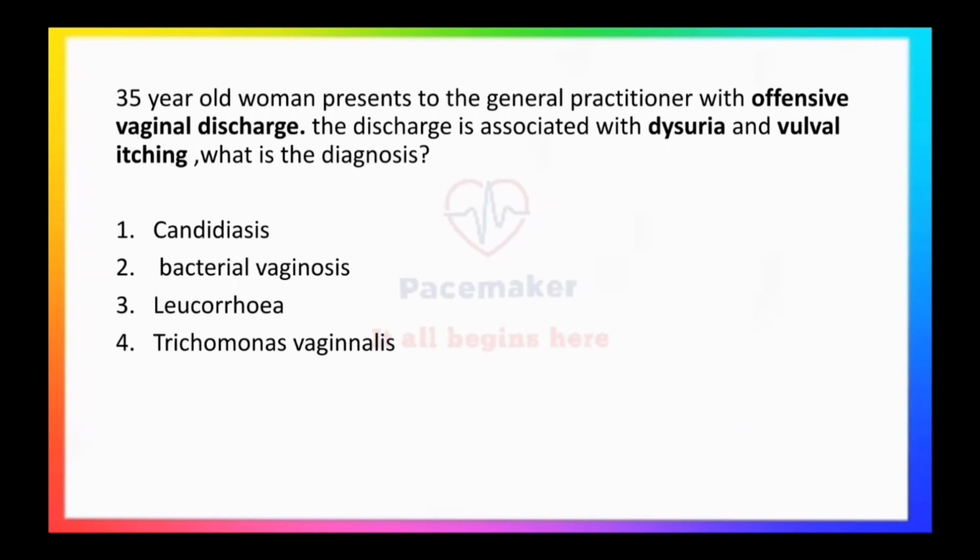Okay, now let us discuss some questions on these topics. A 35-year-old woman presents to the general practitioner with offensive vaginal discharge. The discharge is associated with dysuria and vulval itching. What is the diagnosis? Let us look at the options: candidiasis, bacterial vaginosis, leukorrhea, and trichomonas vaginalis. You will see itching in candidiasis and trichomonas vaginalis.